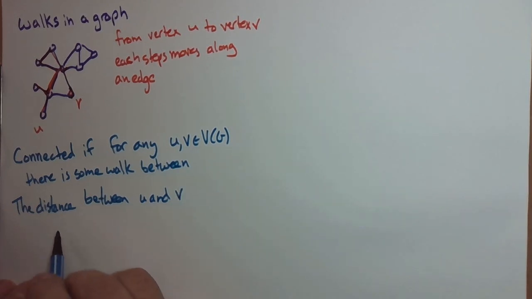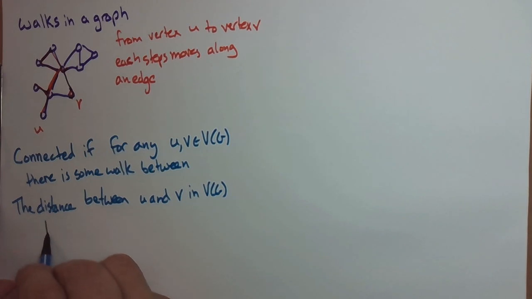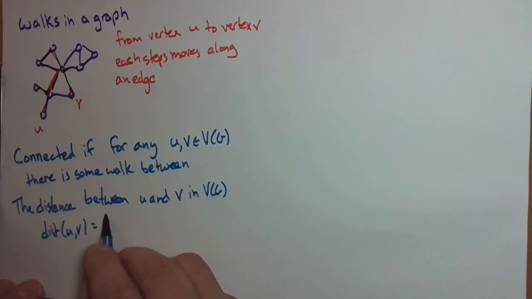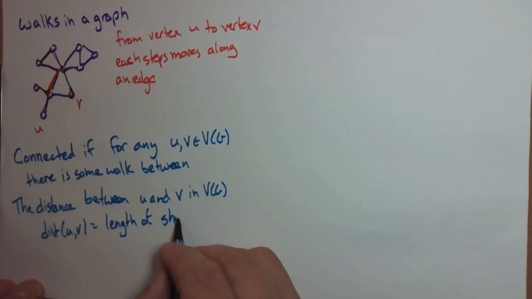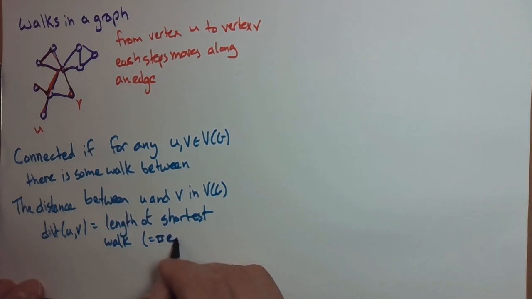Okay, good. So distance, oftentimes abbreviated DIST, is the length of the shortest walk. That is the number of edges. Yes, equal number of edges.